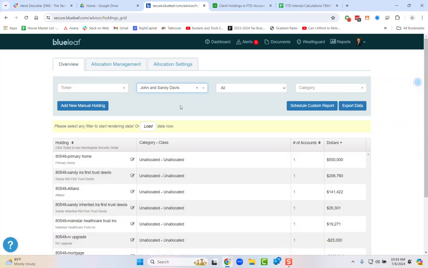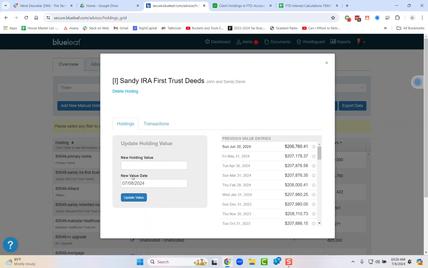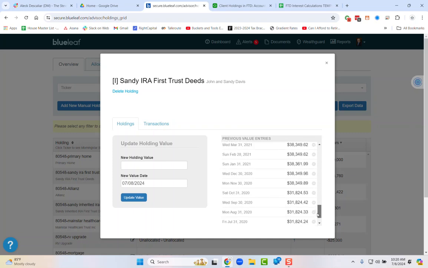Let's say we're doing her regular IRA account. The holdings tab is where you'll get the monthly amount of invested first trust deeds in a particular month.